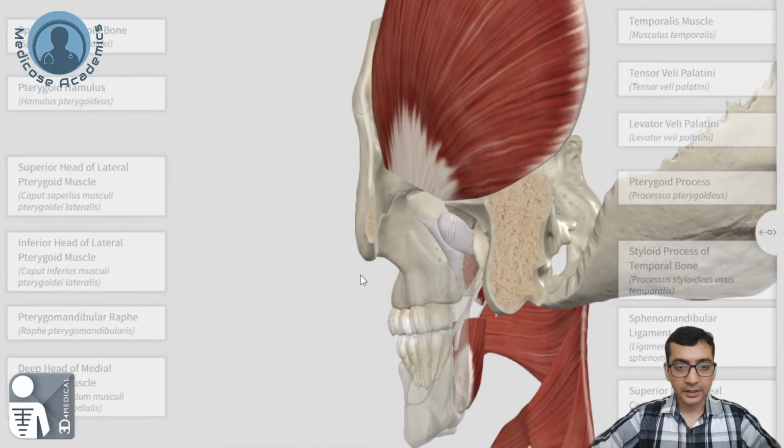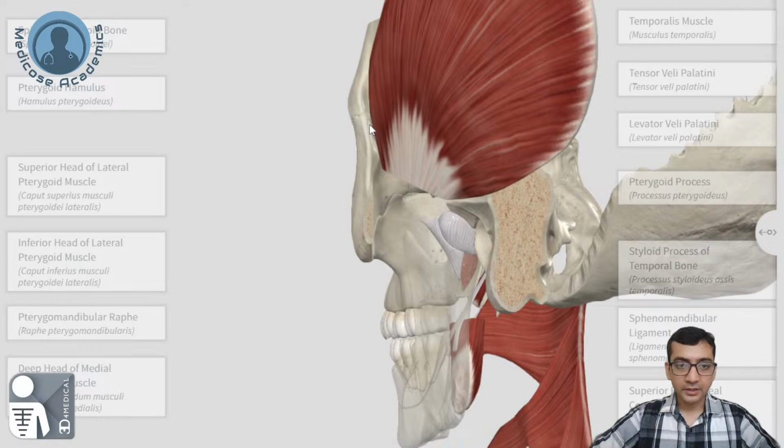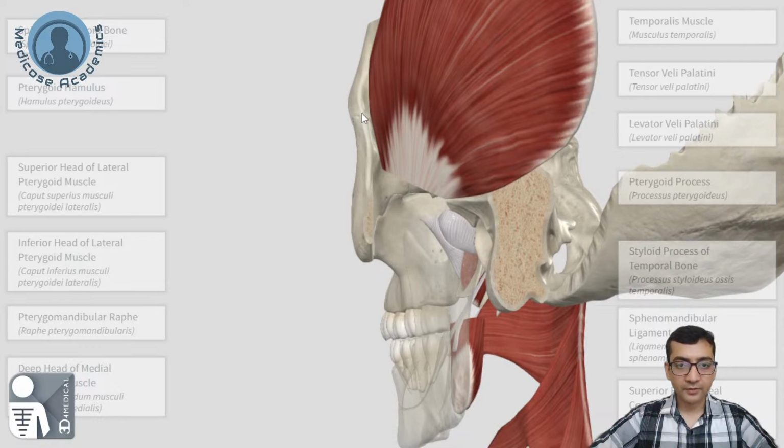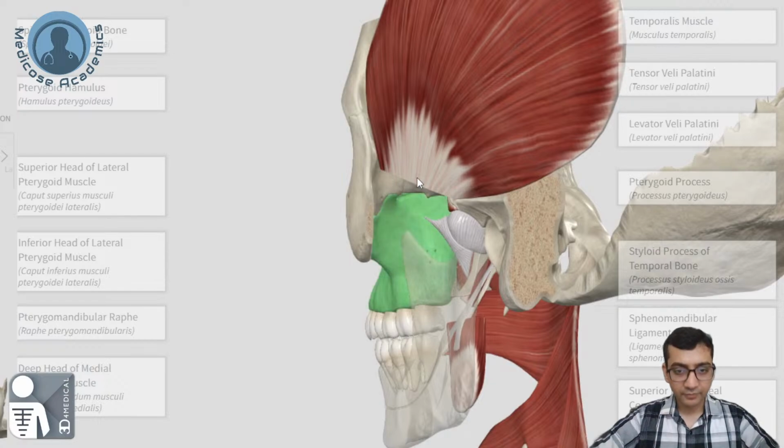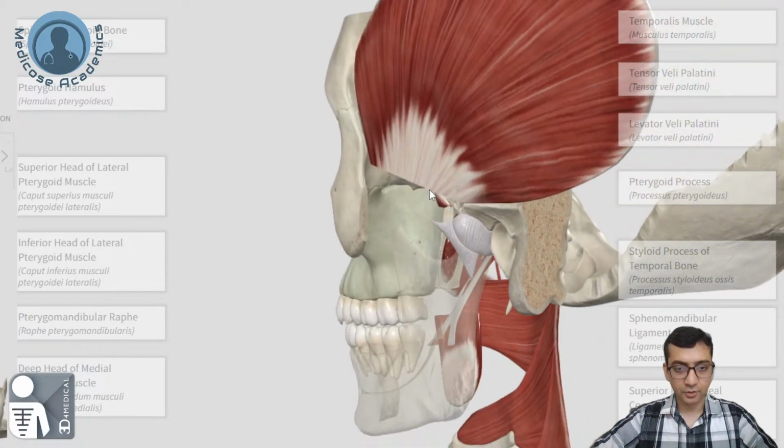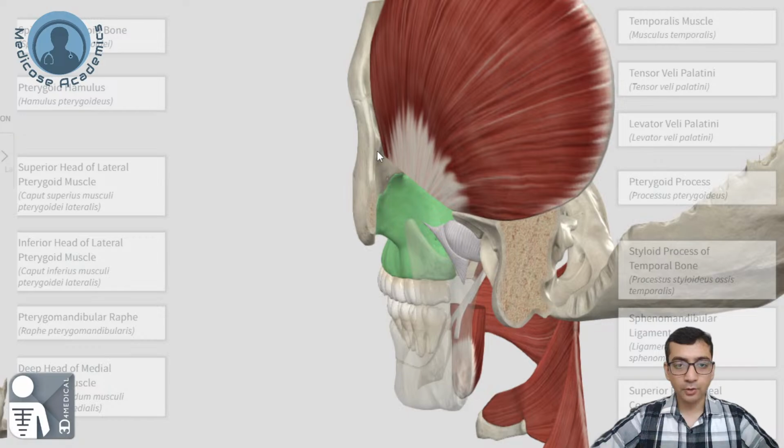In the front you can see there will be the frontal bone, the zygomatic bone, and a little part of the maxillary bone also. But it is a very little part; the major part will be the other two bones, the zygomatic bone and the frontal bone.